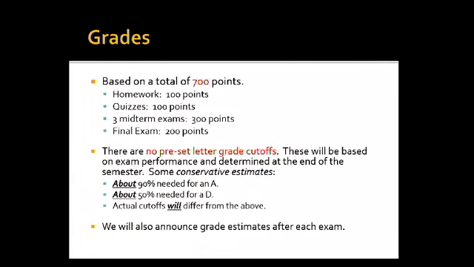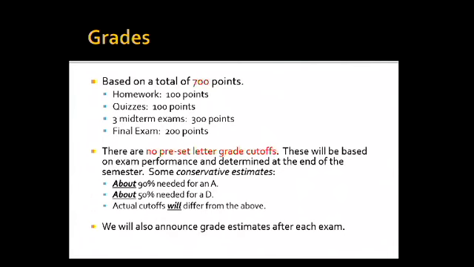So how do we calculate grades? Everything is based off of 700 points. All the homework you do put together is worth 100 points. So if you get perfect on every single one, except possibly the lowest 3 that we excuse, then we'll give you 100 points toward the 700 point total.